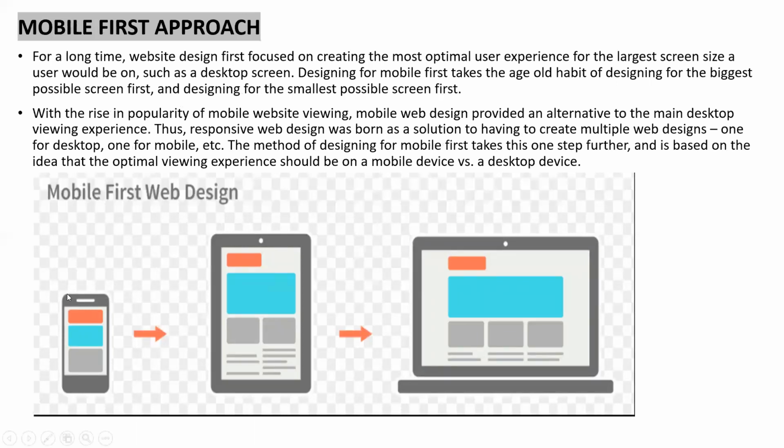So we start development towards small devices first. That is the mobile first design approach. Then going on, we look at other aspects of the devices which are bigger than the starting device, and then go on to desktop versions. This is the revolution that came into the market with the mobile first design approach.